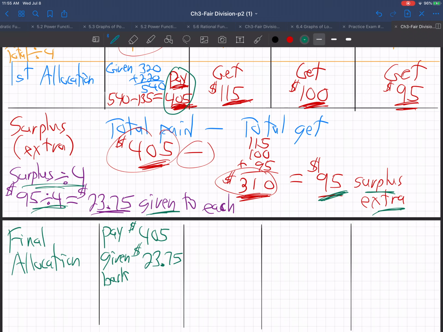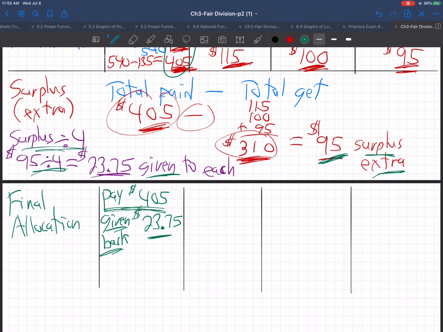So if A had to pay $405 and then is given back $23.75, that's like a tax return, right? You pay all year and they give you a little bit back. So we're going to subtract those to find out what that difference is. So subtract on your calculator.